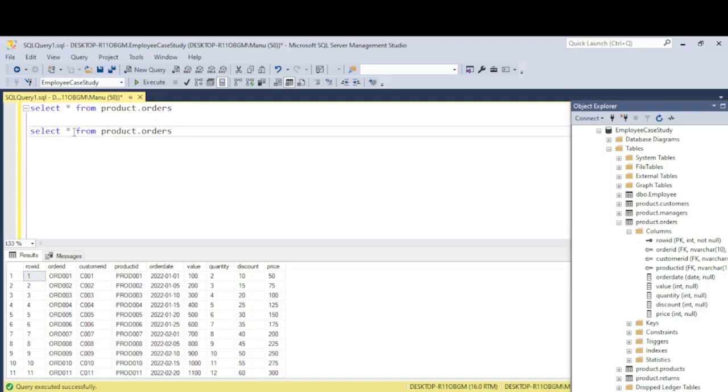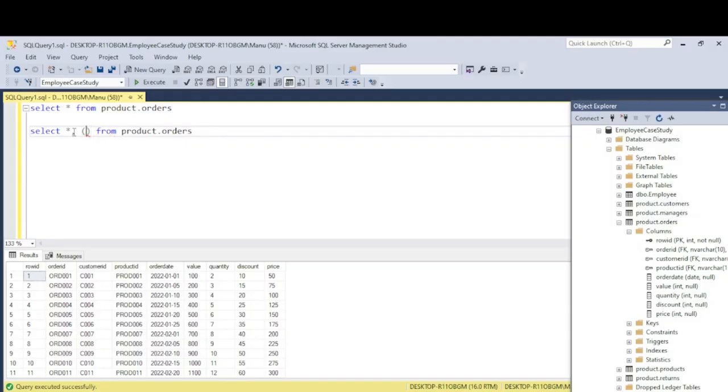Suppose we have a quantity of two and the price of each is 50 rupees. So what will the total sales be for this order ID, right? For this particular order ID or this particular product, we have to find the total sales. So what we will do is multiply the price by the quantity.